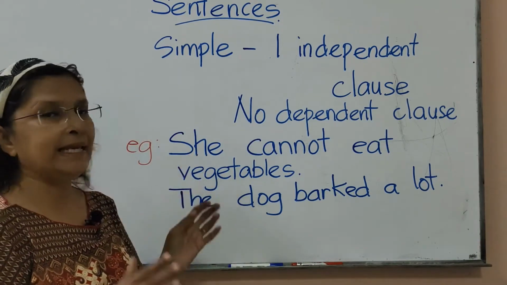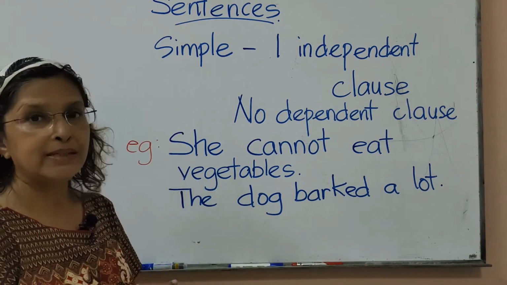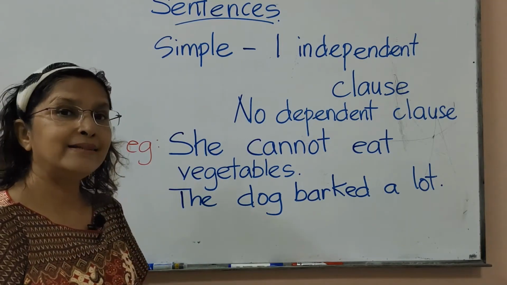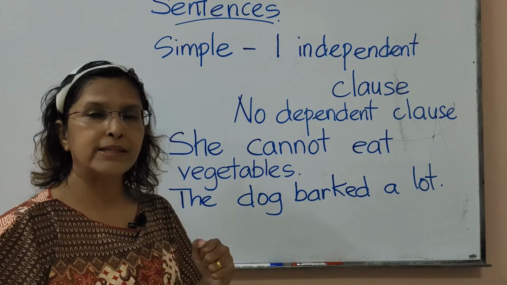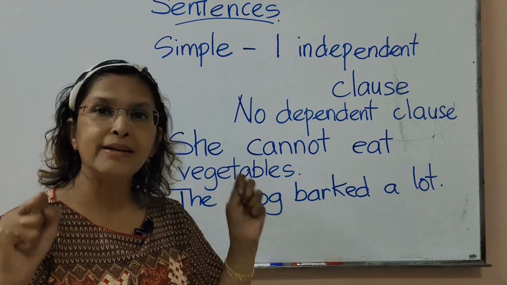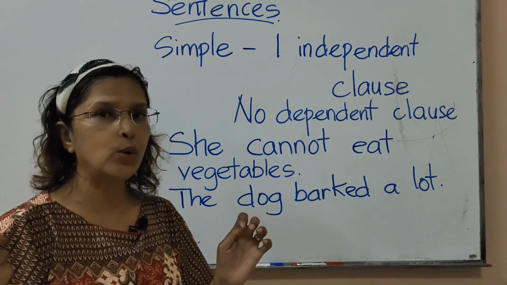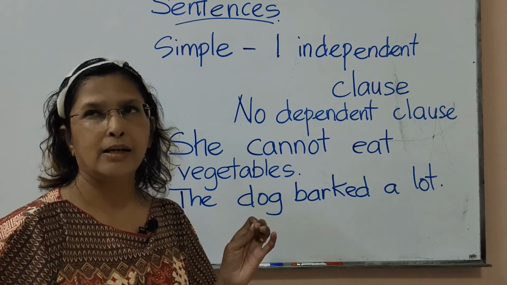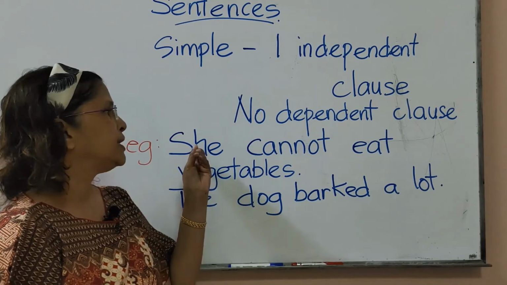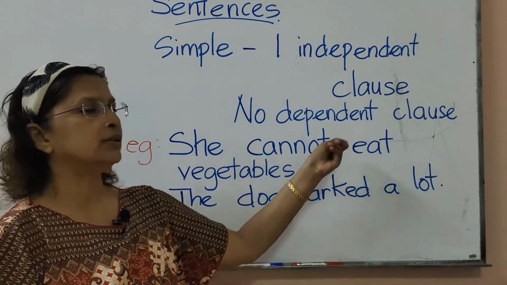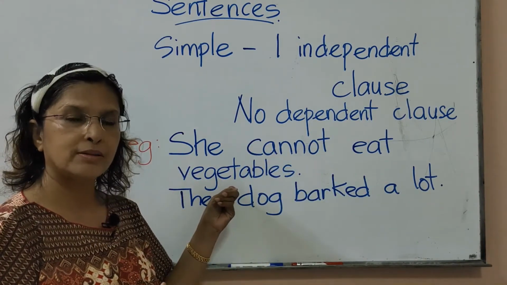Okay, when we say independent clause means it can stand on its own. Okay, if I say in bahasa Melayu, it means ayat itu boleh berdiri dengan sendiri. Dia tak perlu lagi tambah lagi dengan perkataan yang lain lagi. Maksudnya, for example, she cannot eat vegetables.